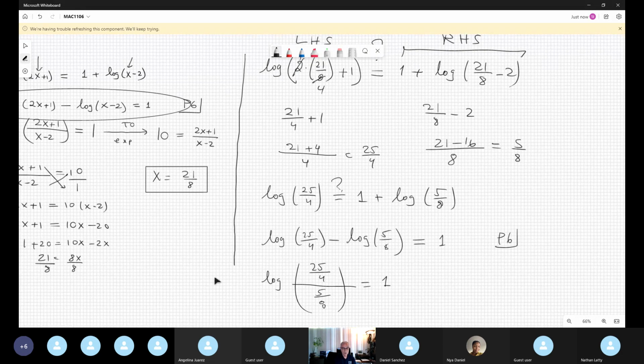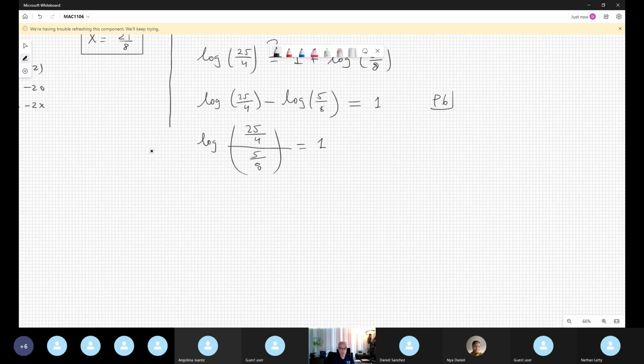Easy, because you are doing division. Remember division: I isolate the 25 over 4 divided by 5 over 8. You copy the numerator part, 25 over 4, times, and flip the second part, 8 over 5. You change this division to multiplication and flip the second part. It's relatively easy because you divide by 5, and 8 and 4 are divided by 4, and 5 times 2 is 10 over 1, which is invisible.